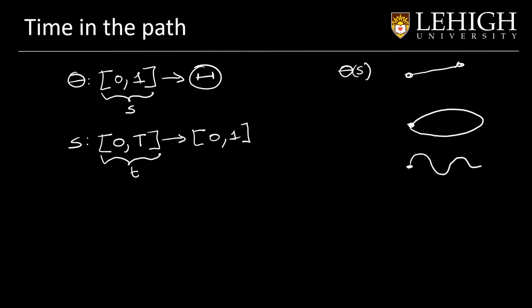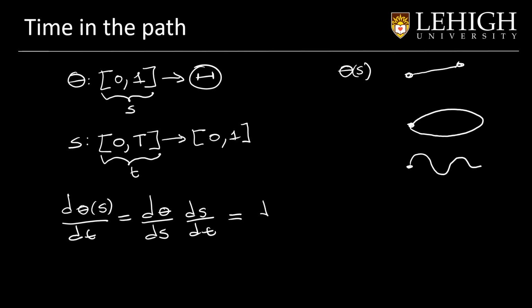If we want to study how the function theta changes on time, we will need to compute the derivative with respect to time. And for that, we will just apply the chain rule. That can also be represented in Newton notation as d theta ds times s dot.